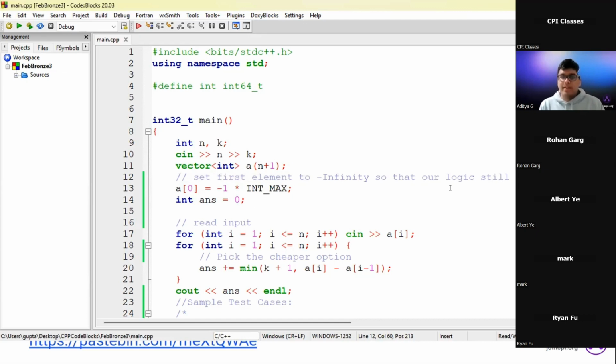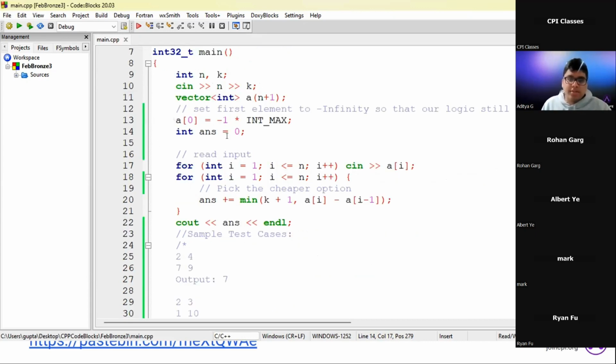But on the first day, there is no day before that. So we just assume that's negative infinity. The point of this is to show that it's always optimal to buy the subscription on the first day, which makes sense because there's no choice to not buy the subscription on the first day in Bessie's list.